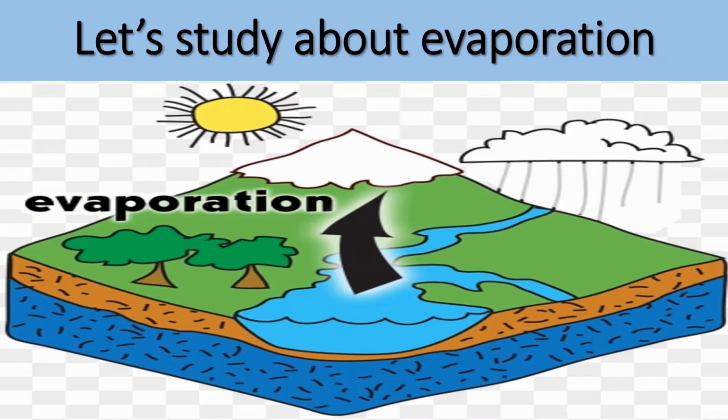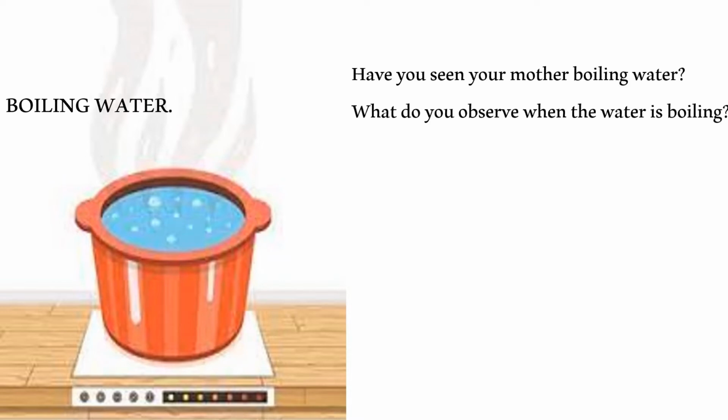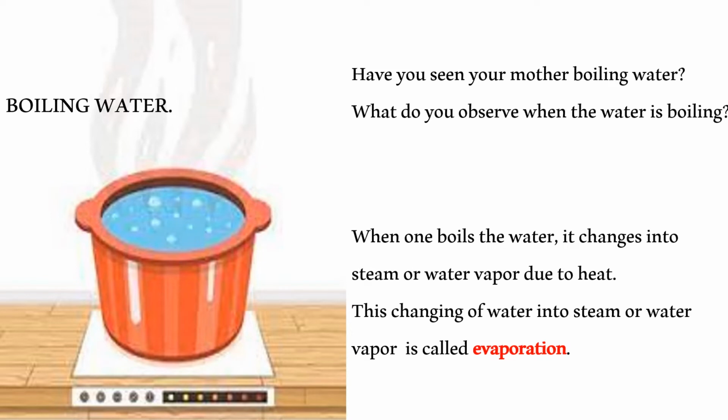What is the meaning of this big word evaporation? Let's study that. Boiling water. Here in the picture they are boiling the water, and there's the steam that's coming out. Here it's written, have you all seen your mother boiling water? What do you observe when the water is boiling? When one boils the water, it changes into steam, which is also called water vapor.